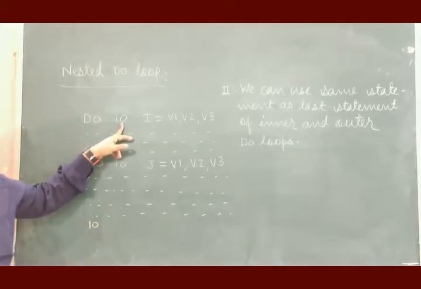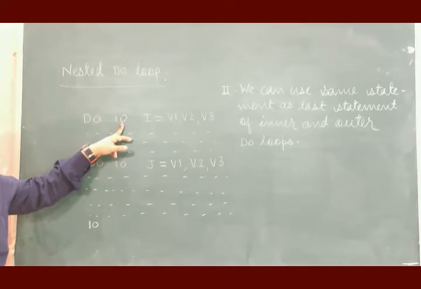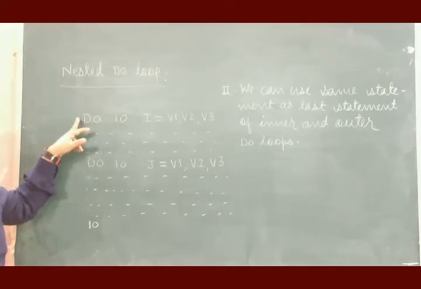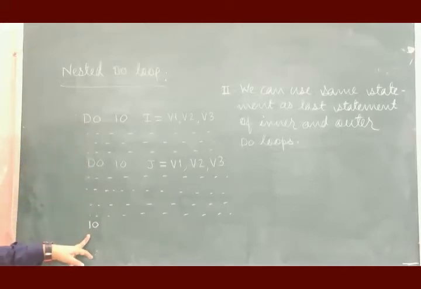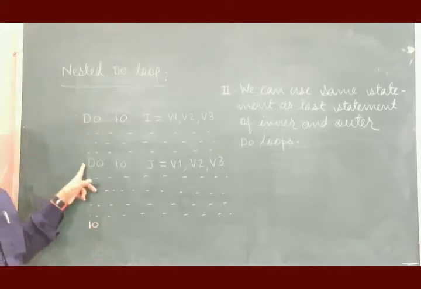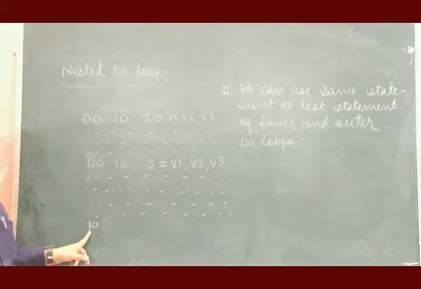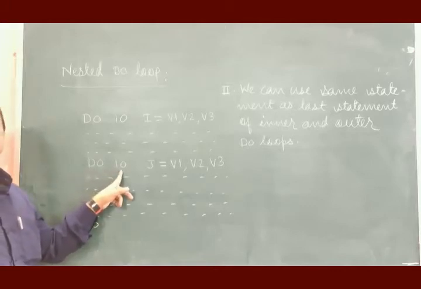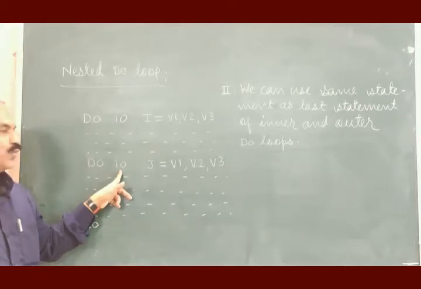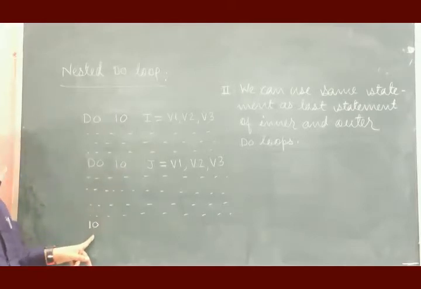Because 10 is the line number of last statement of outer do loop, and therefore outer do loop starts here, ends here. Then inner do loop starts here, ends here. Why? Because the line number of last statement of inner do loop is 10, which is here.